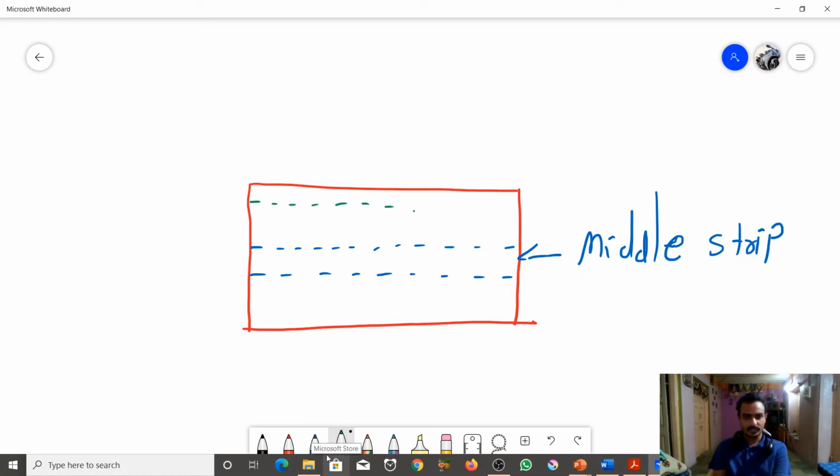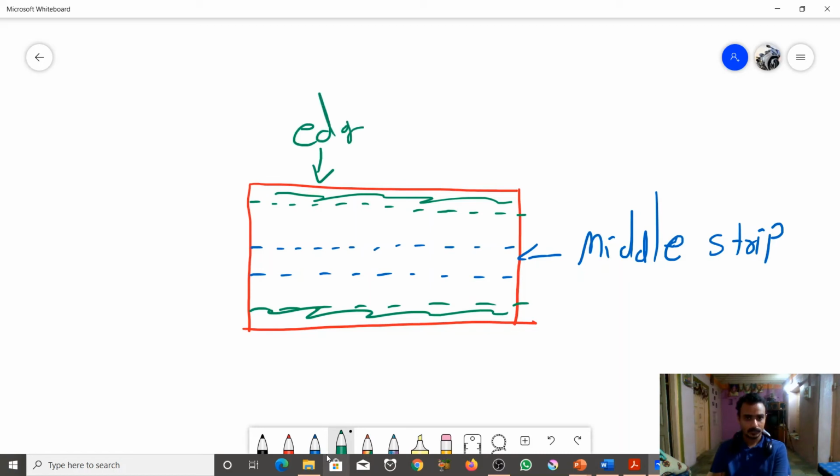And from the edges, this is called the edge strip. Both of these.